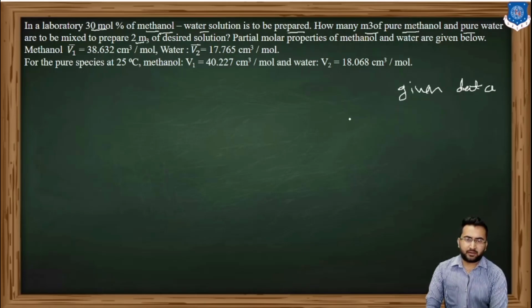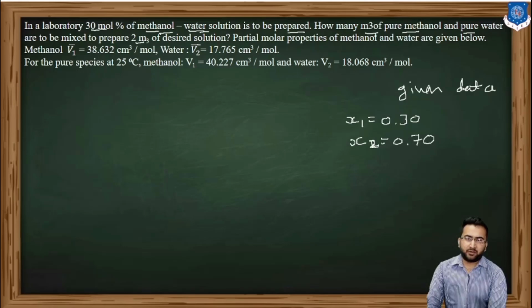So we can say that, supposing methanol is component 1, x1 is equal to 0.30. The second component is water, so 1 minus x1 becomes 0.70. Supposing water is component 2, x2 is given by 0.70.